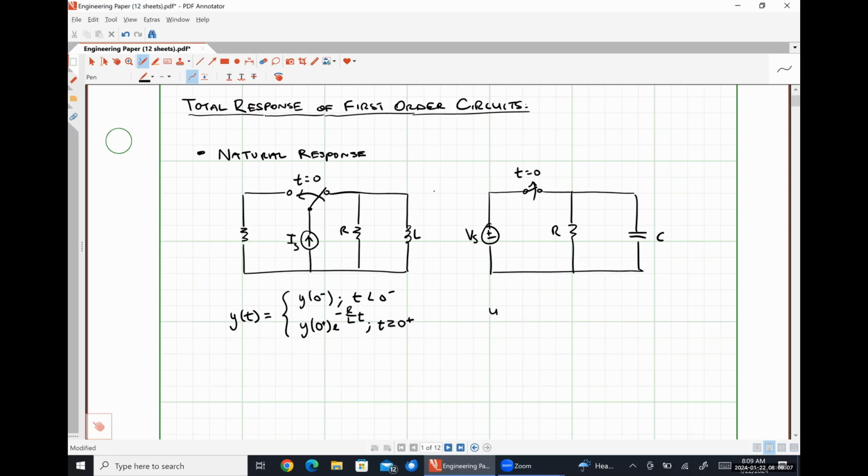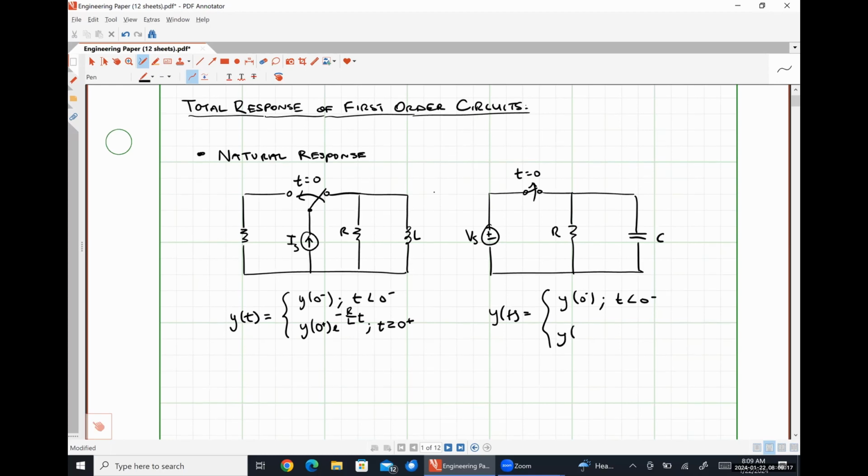And we found that y(t) will always be of the form y(0-) for t less than 0-, and then y(0+) e^(-t/RC) for t greater than or equal to 0+.